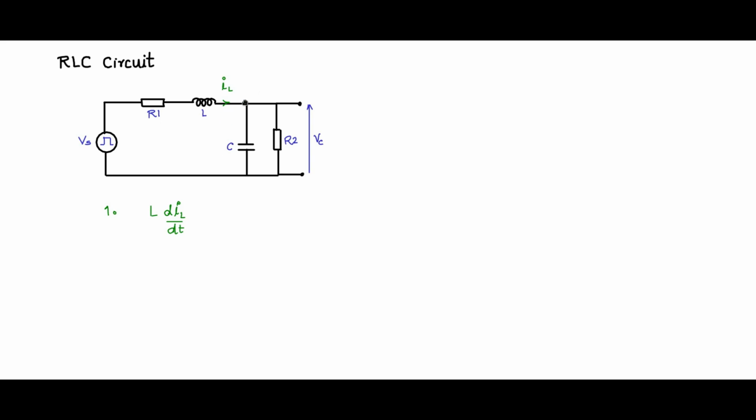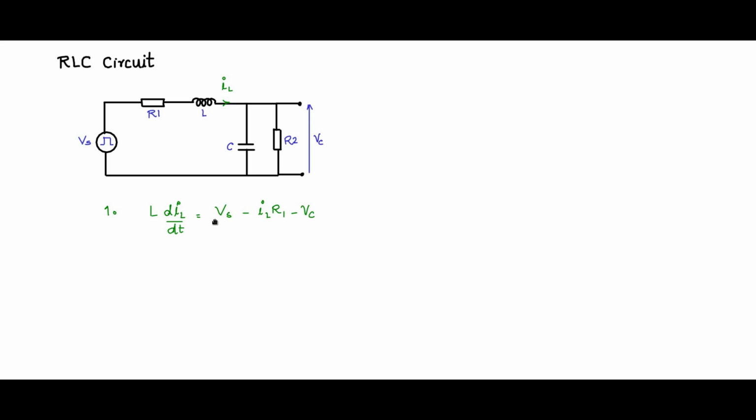So let us write that down. So L dIL by dt is nothing but Vs minus drop across R1, which means the current flowing through R1 is same as current flowing through L, which is IL into R1. So that is the drop across R1 minus Vc. At this node the potential is Vc, so I am going to write it as Vc.